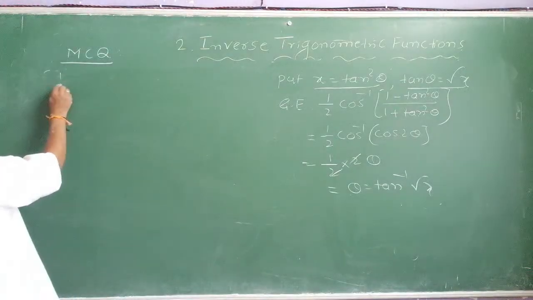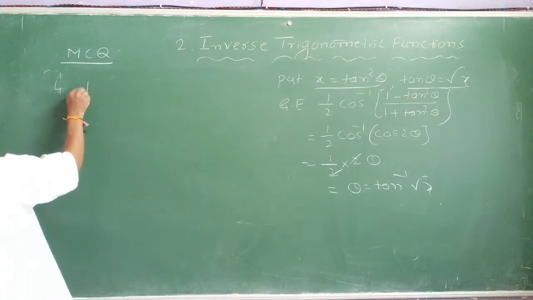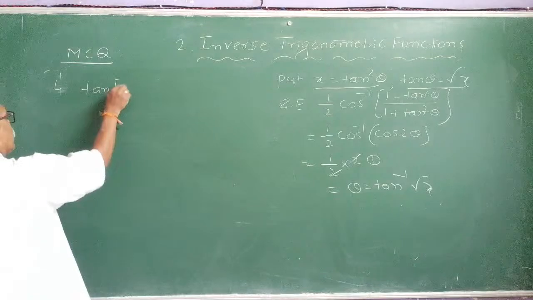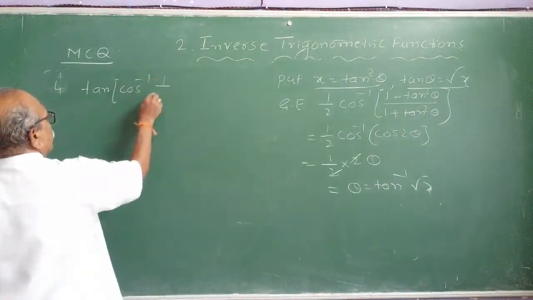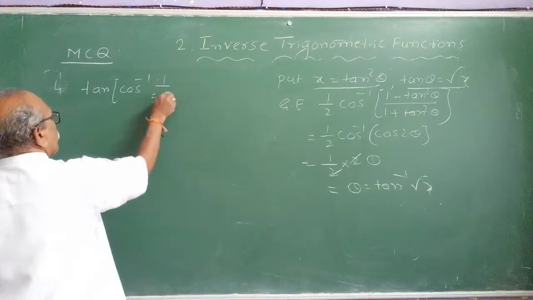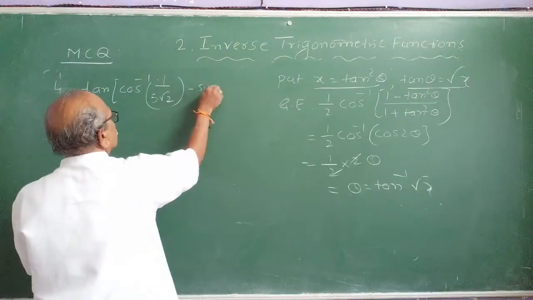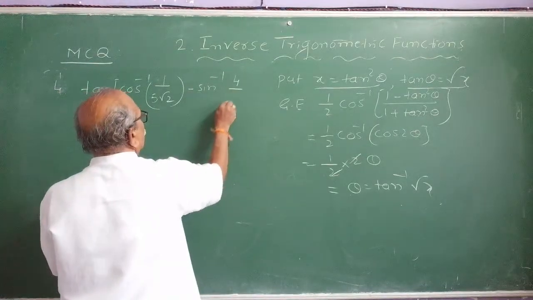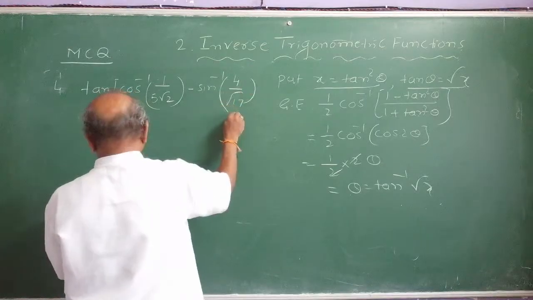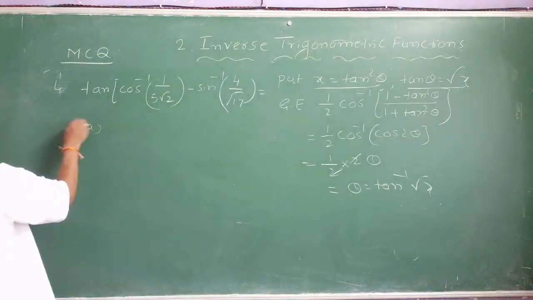Now question number 4. Tan of, look here, cos inverse 1 upon 5 root 2 minus sin inverse 4 upon root 17 is equal to, try to find the answer.